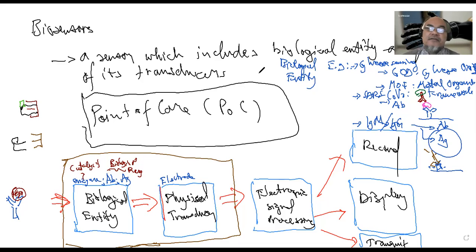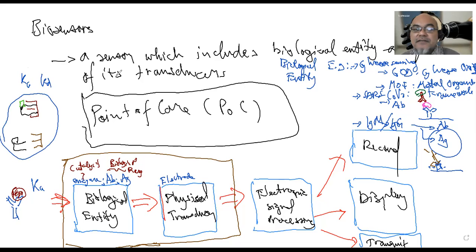This is related to the Ka, the association constant between the two. In the enzymatic reaction, the Ka and the Kd, the association constant and the dissociation constant, are more or less similar. So the reaction can be reversible.